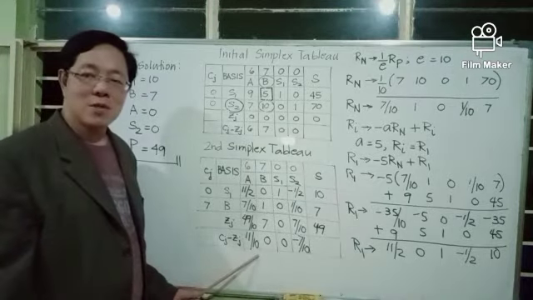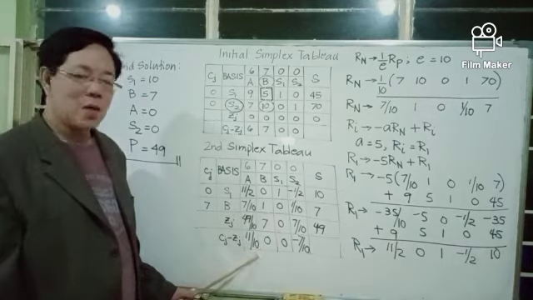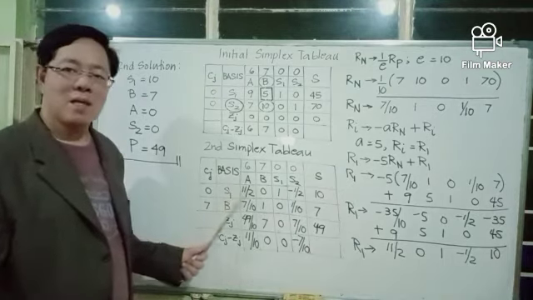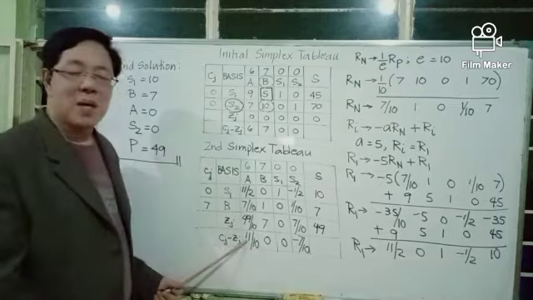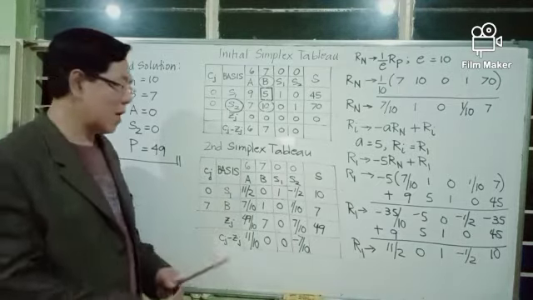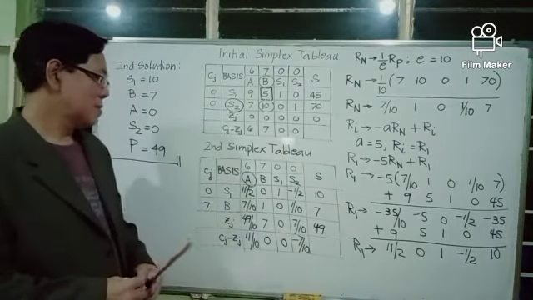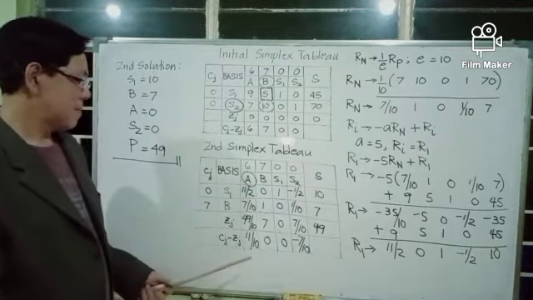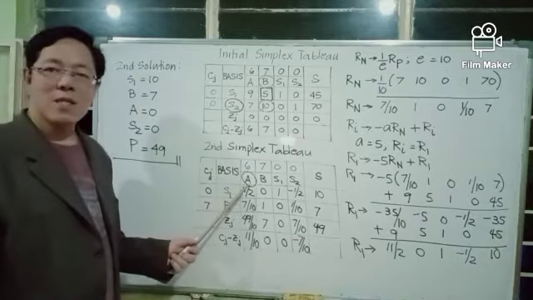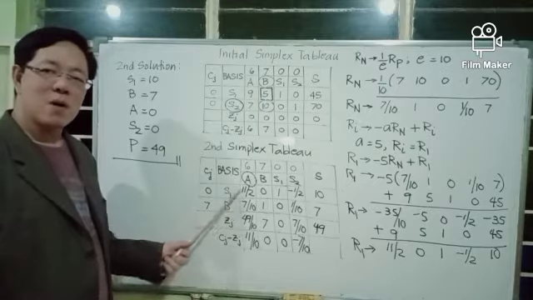Since in the last row there is only one positive entry, our entering variable is variable A, because the positive entry 11 over 10 is under the decision variable A. So in the third simplex tableau, the variable A will enter the basis column.